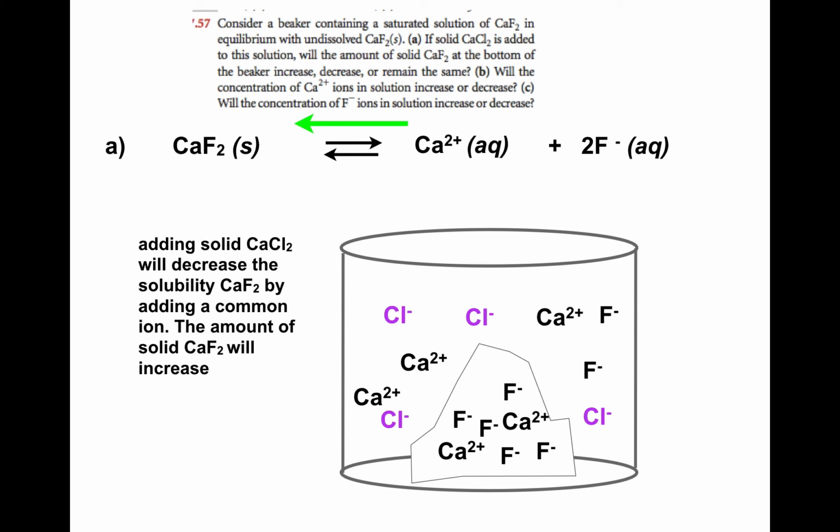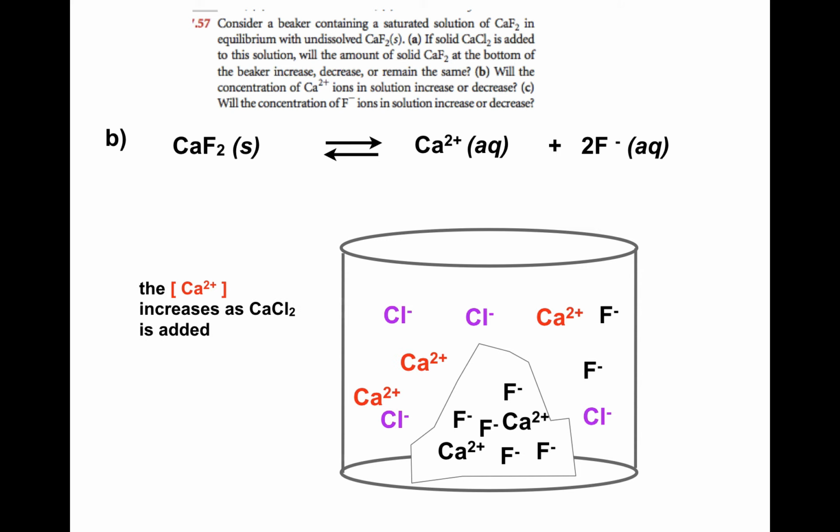Will the concentration of the calcium ions in the solution increase or decrease? Well, they'll increase, right? So as you add the calcium chloride, chloride's a spectator ion here, and as the calcium concentration goes up, the fluoride concentration goes down.